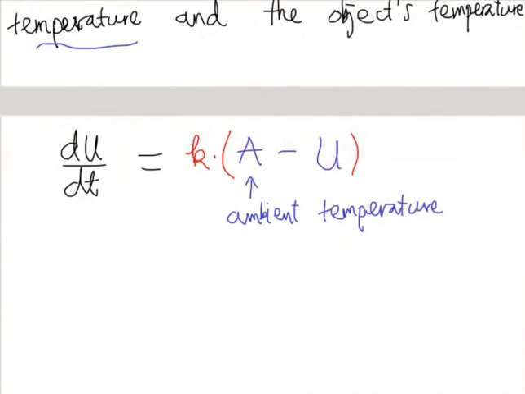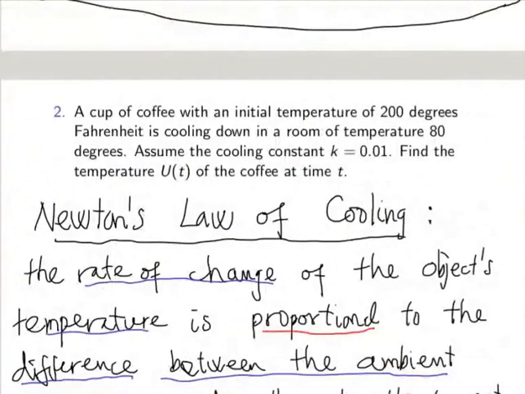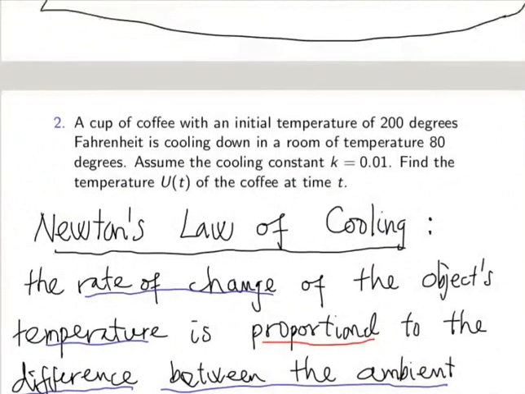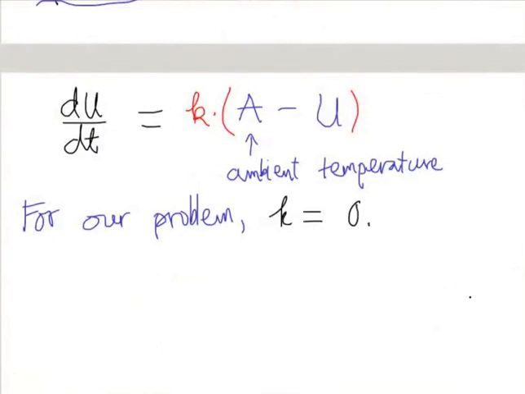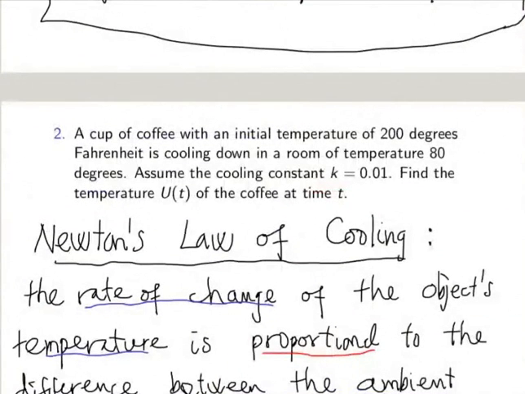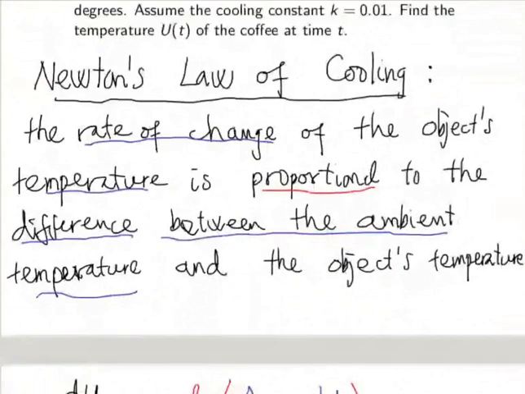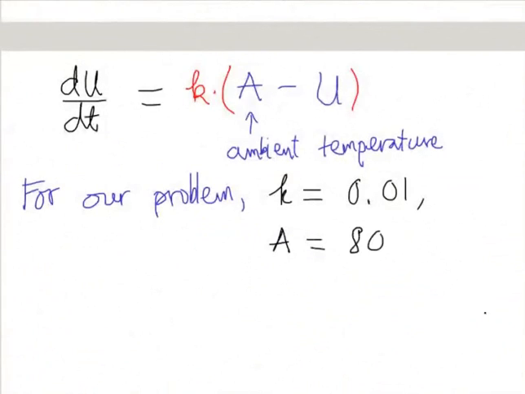So knowing this formula, Newton's law of cooling, we can write out the differential equation. So for our problem, k is 0.01, and then the ambient temperature is what, 80 degrees right there. The temperature of the room, that 80 degrees.